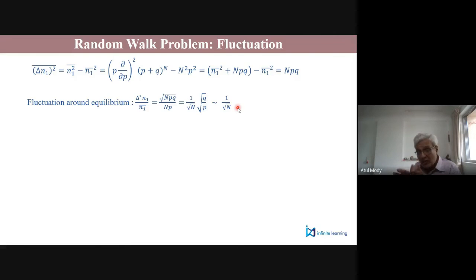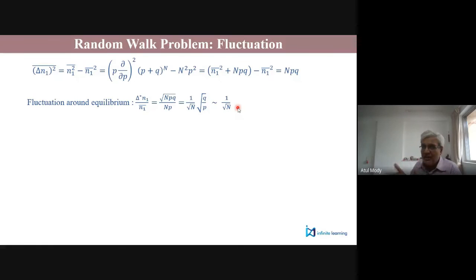So with respect to the average value, the variation has become too small, which means most of the time your molecules will remain distributed. When you are talking about gas molecules, the head and tail, left and right of a box, or a drunkard walking forward or backward, they are all equivalent situations.